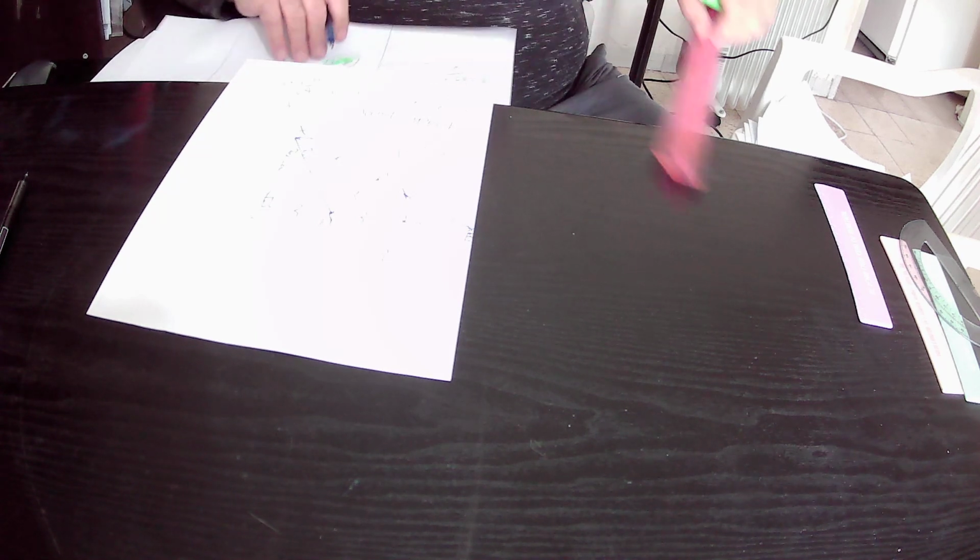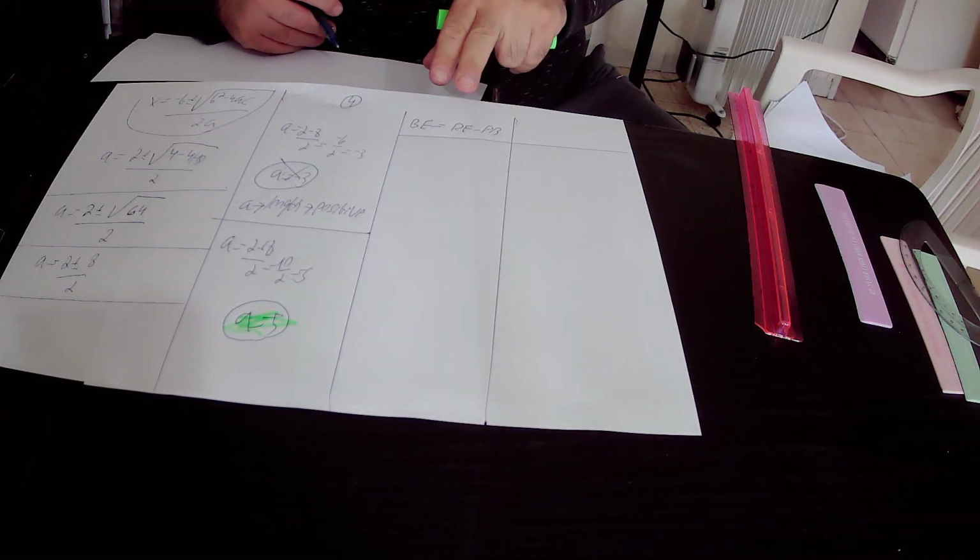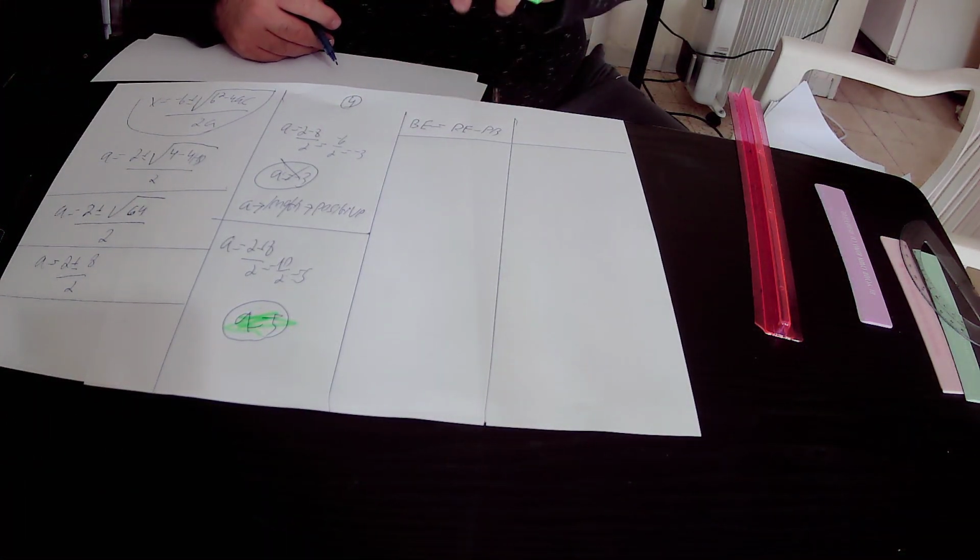So I'll repeat again: BE equals PE minus PB.